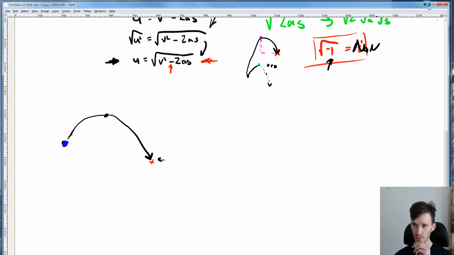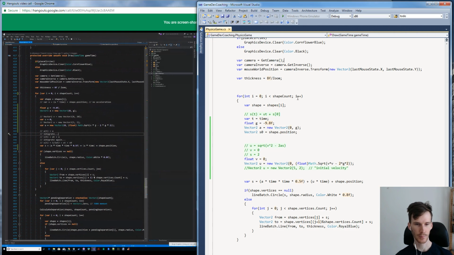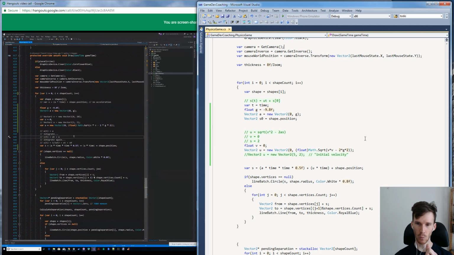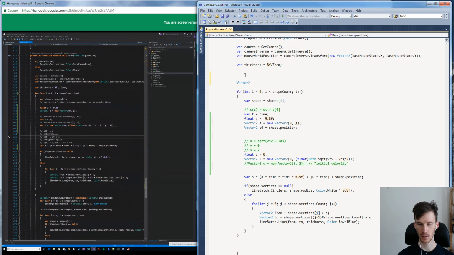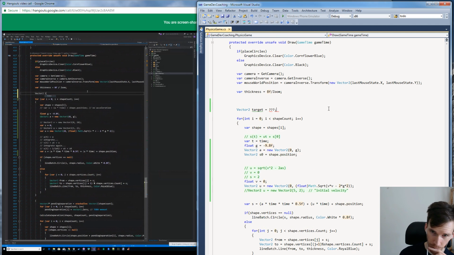So let's just bang that in now. Now we have to actually think about what our target's going to be. It doesn't have to be in the shape loop. We can just say, vector 2 target equals question mark, question mark, question mark.